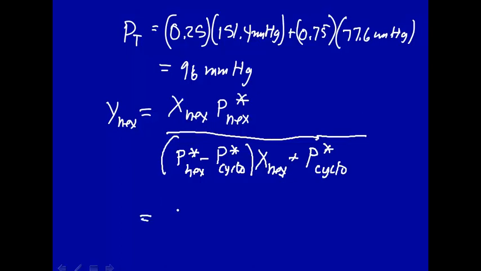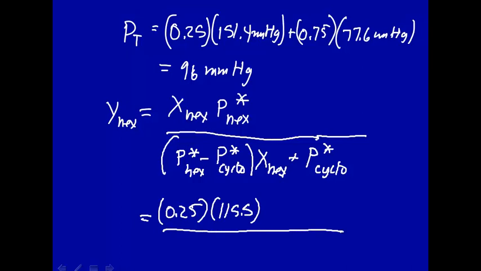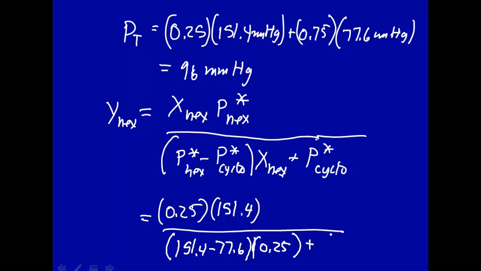Put those numbers in. Let's see, the mole fraction of hexane was 0.25. Vapor pressure of pure hexane, I'll omit the units. Sorry, it wasn't 115, it's 151.4, over the difference in vapor pressure, 151.4 minus 77.6, times the mole fraction of hexane, 0.25, plus the vapor pressure of pure cyclohexane, 77.6.